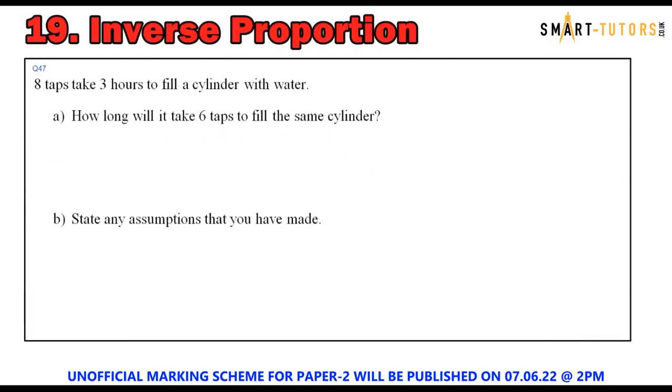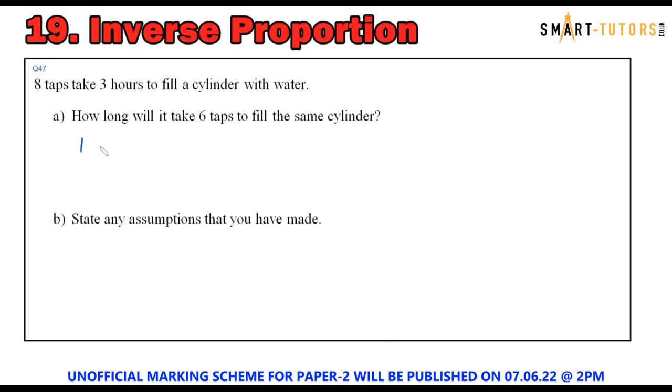Topic number 19, inverse proportion. 8 taps take 3 hours to fill a cylinder with water. How long will it take 6 taps to fill the same cylinder? So this is inverse proportion. If the number of taps reduces, the time taken increases.